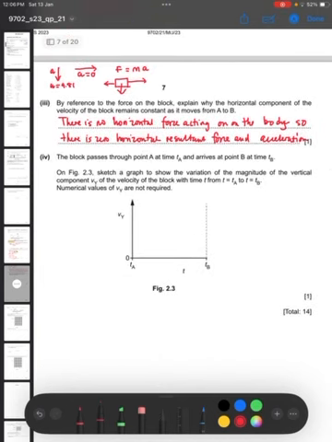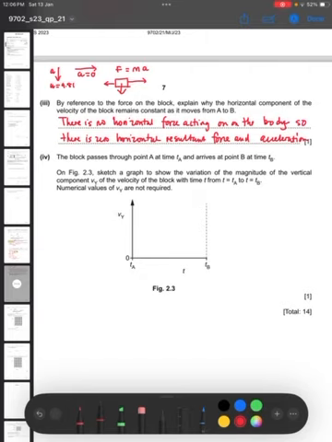Then the final part of the question: the block passes through A at time t equals t_A, and then arrives at point B at time t equals t_B. On Fig 2.3, sketch a graph to show the variation of the magnitude of the vertical component of velocity of the block.